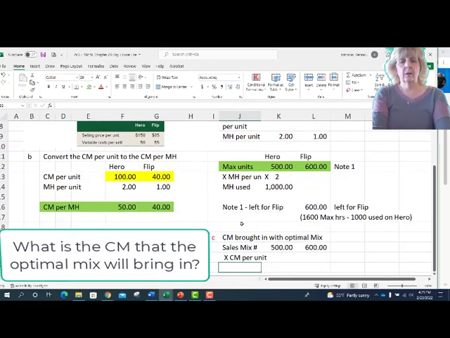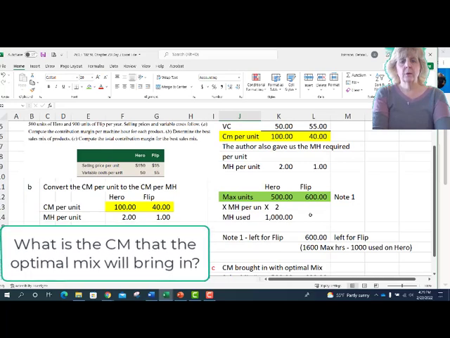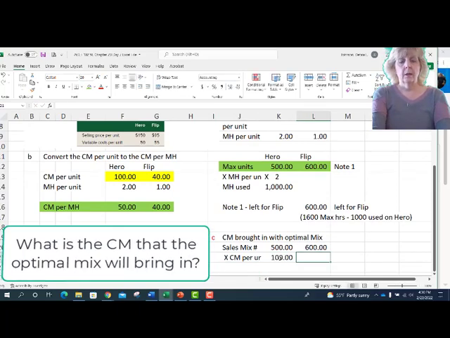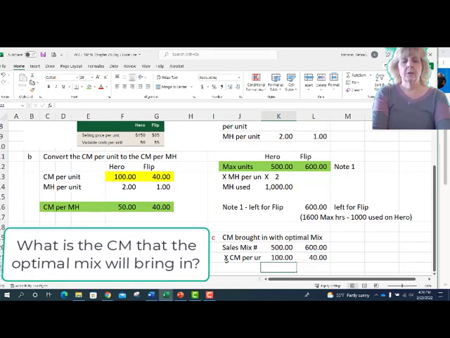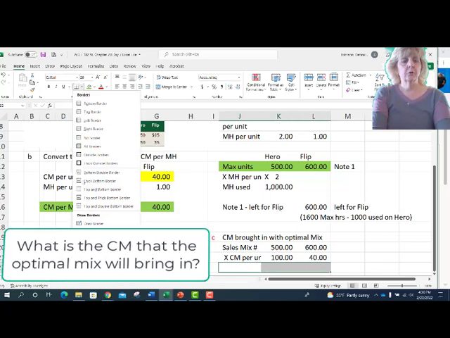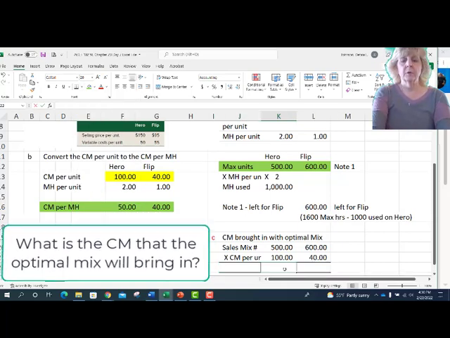That is what we calculated in one of the first steps up here. 140 was the contribution margin per unit. And so when we multiply that out, we will have the contribution margin that comes in with that optimal sales mix.